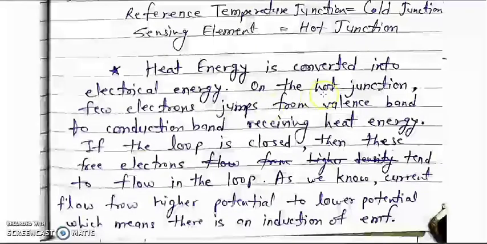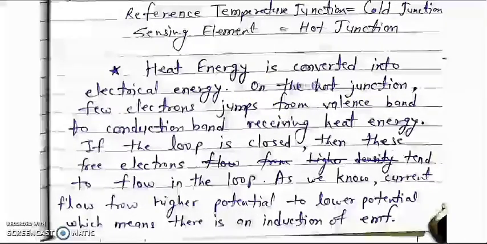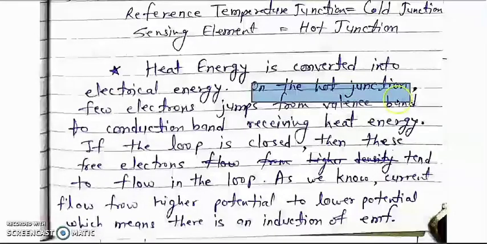How? On the hot junction, I am repeating it, a few electrons jump from the valence band to the conduction band, receiving heat energy. As you are aware of the electronic energy band diagram in conductors, semiconductors, and insulators, you very well know that in conductors a few electrons are already free.